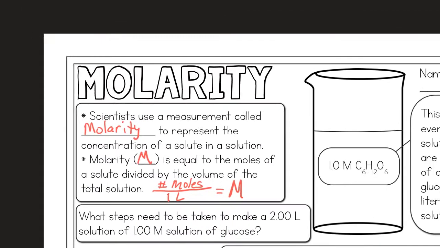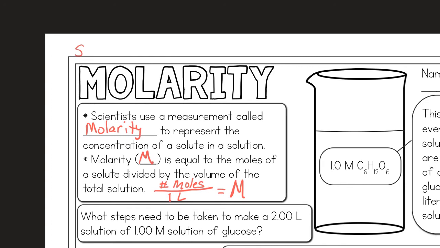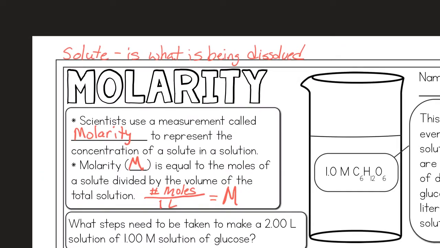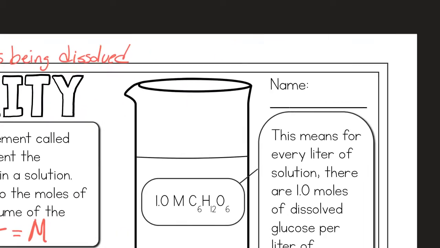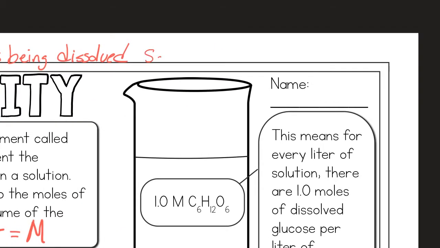Now, solute is the substance that is being dissolved. If I was making iced tea, I take the iced tea mix, put it in my glass, then I add the water. The iced tea mix is what's going to be dissolved, and that would be the solute. The other term we need to understand is solvent.